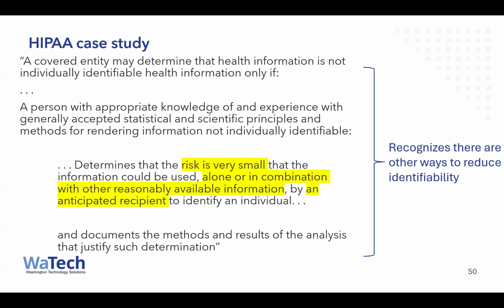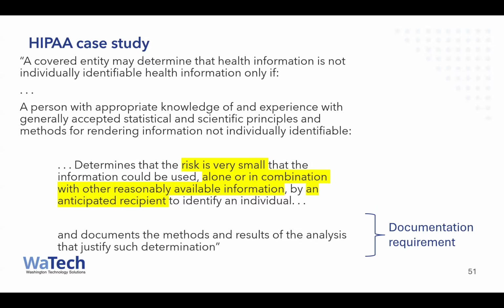In particular, they call out again that the risk needs to be very small, that you need to consider information alone and in combination, whether it can lead to somebody being identified, that you need to very explicitly consider who the recipient is, and then at the end that you need to document the outcomes of that analysis.